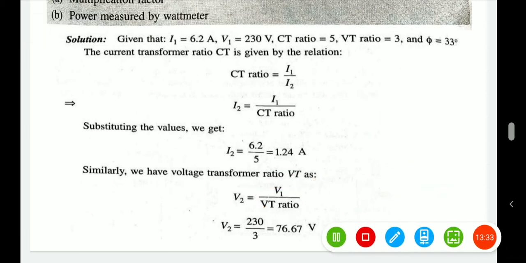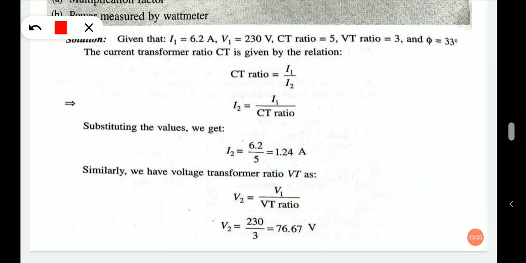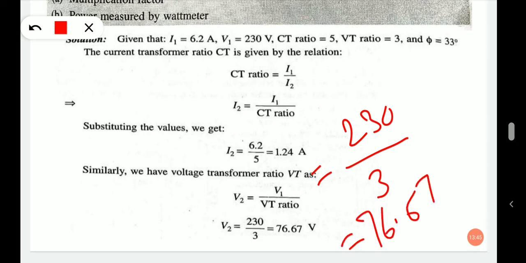Okay, so here V1 is 230, that is given, also VT ratio is given as 3. So if we calculate this, we will get 76.67 volt. Okay, we have calculated value of V2. So unit of voltage is volt and value is 76.67.